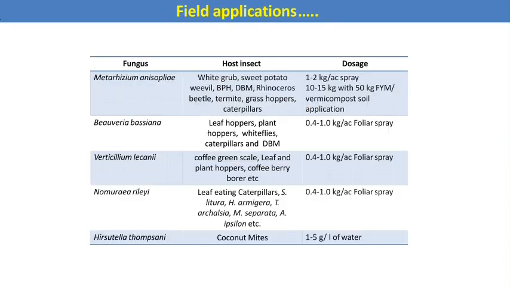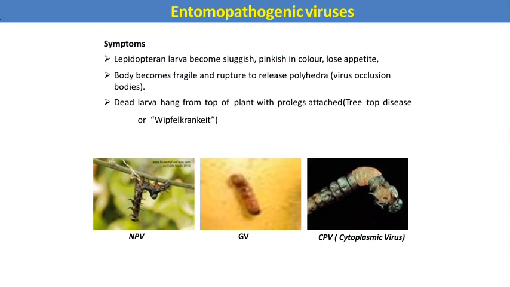Here this is the different field application dose of each entomopathogenic fungus against the different insect pest populations. Then viruses, that is NPV, GV and CPV. NPV means nuclear polyhedrosis virus, GV means granulosis virus, and CPV means cytoplasmic polyhedrosis virus.